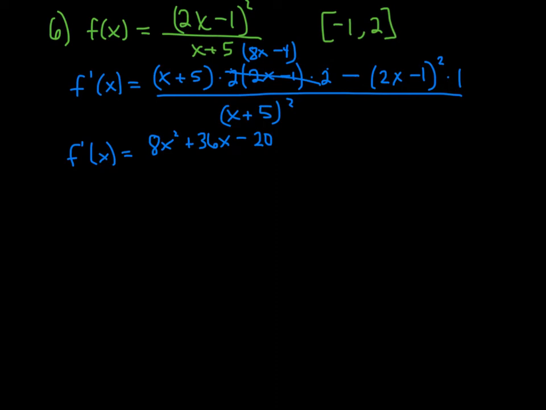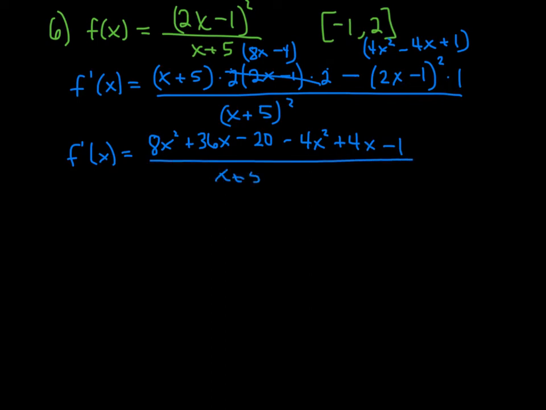Now I'm going to FOIL out this 2x minus 1 squared right above it. So I'd have 4x squared minus 4x and then plus 1. But I am subtracting that whole thing, so it's going to be minus 4x squared plus 4x minus 1, all over x plus 5 squared.